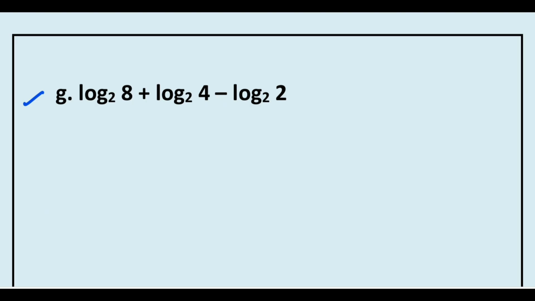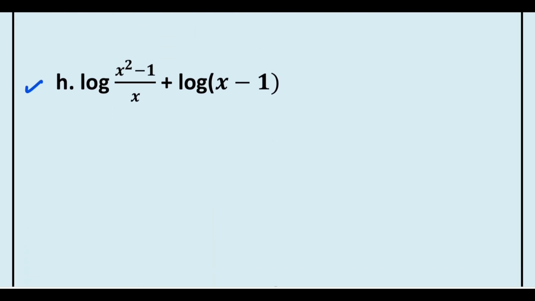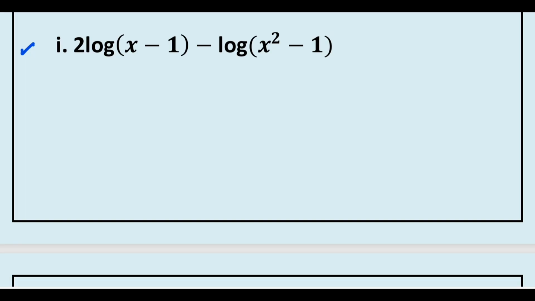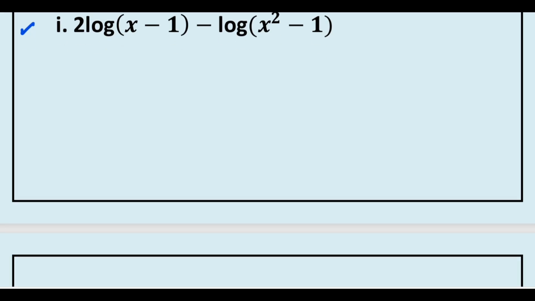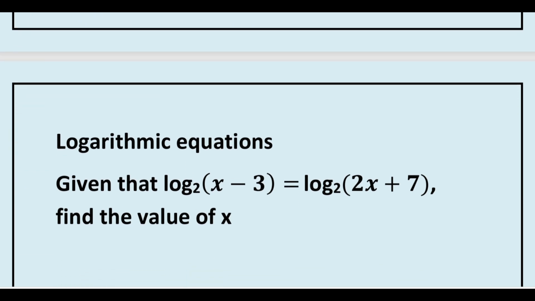What do you get if you simplify this? The next, log (x squared minus 1) over x plus log (x minus 1). What will you get? The next, 2 log (x minus 1) minus log (x squared minus 1). What will you get? So try those, and then we shall meet later to discuss them.